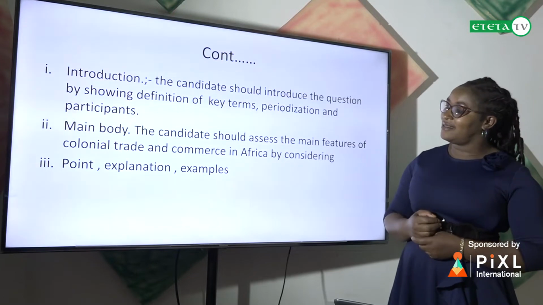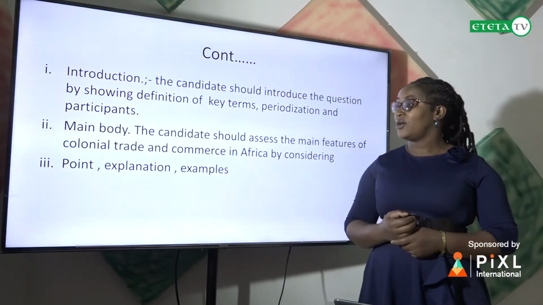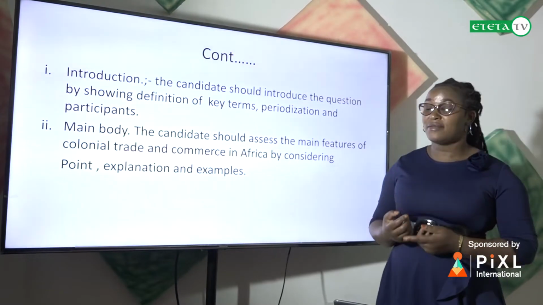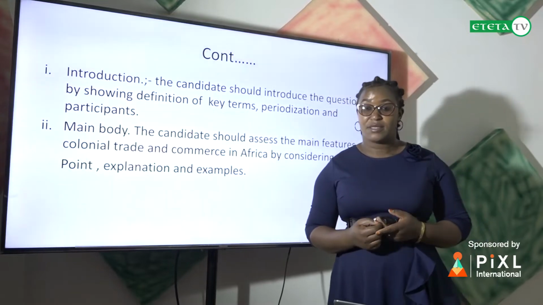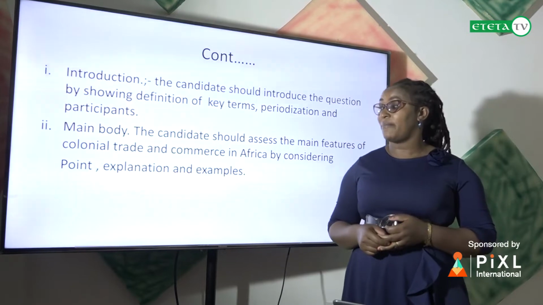The second part is the main body. The candidate should assess the main features of colonial trade and commerce in Africa by considering 3 things, namely points, explanation, and example.